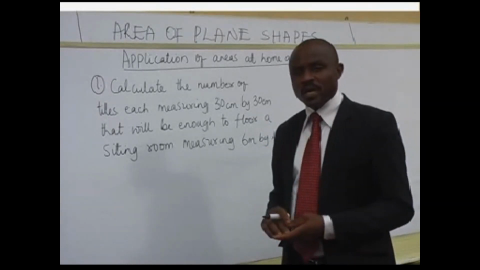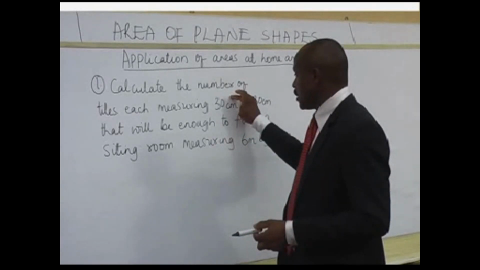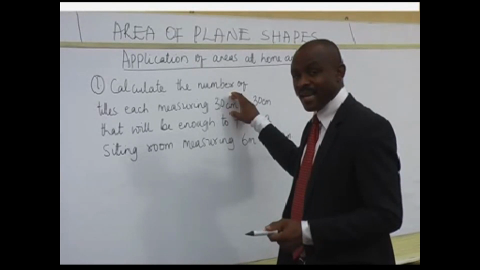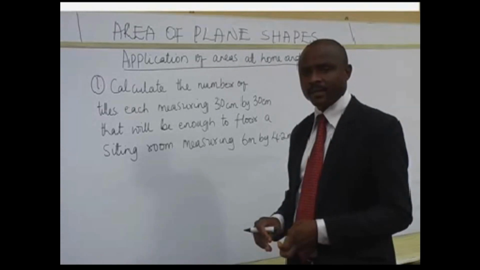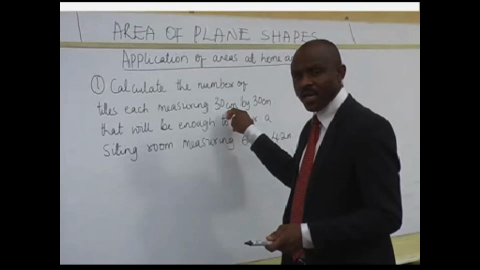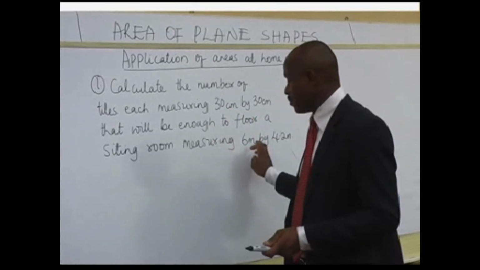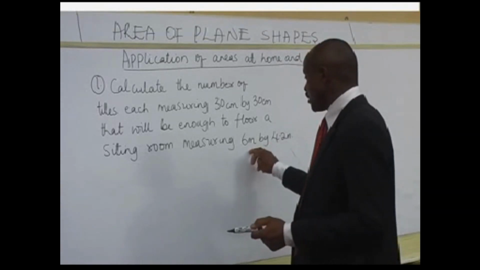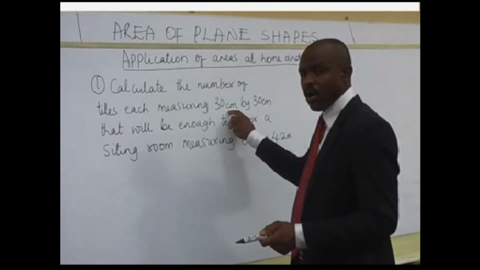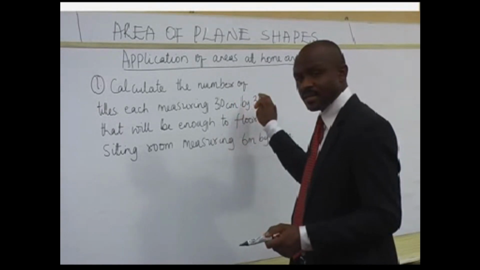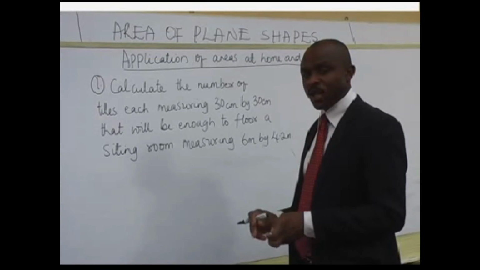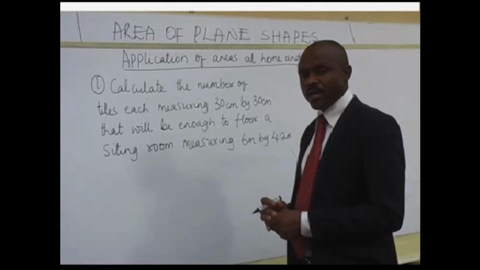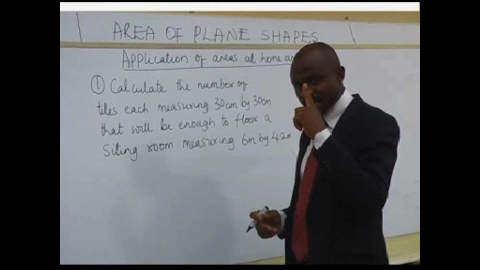First of all, what you're going to do is change the measurements or the size of the tiles to be in the same unit as the room you want to tile. They gave the tiles to be 30 cm by 30 cm, and they gave the room to be 6 meters by 4.2 meters. You either change 6 meters by 4.2 meters to centimeters, or change 30 centimeters by 30 centimeters into meters. So let's adopt changing 30 centimeters by 30 centimeters into meters. And you know that 100 centimeters makes 1 meter.